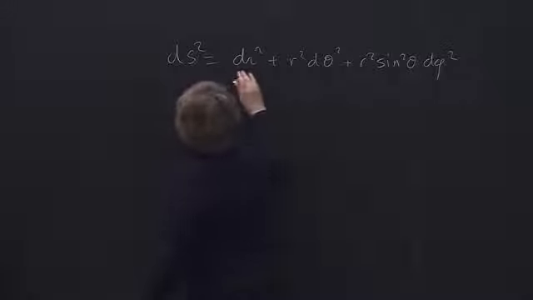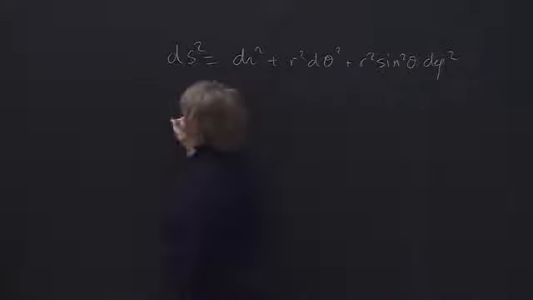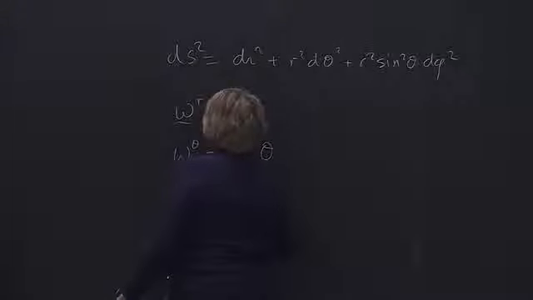It's actually easier to start with the covector basis. So I would define my omega r as dr. My omega theta is r d theta. And my omega phi is r sine theta d phi.